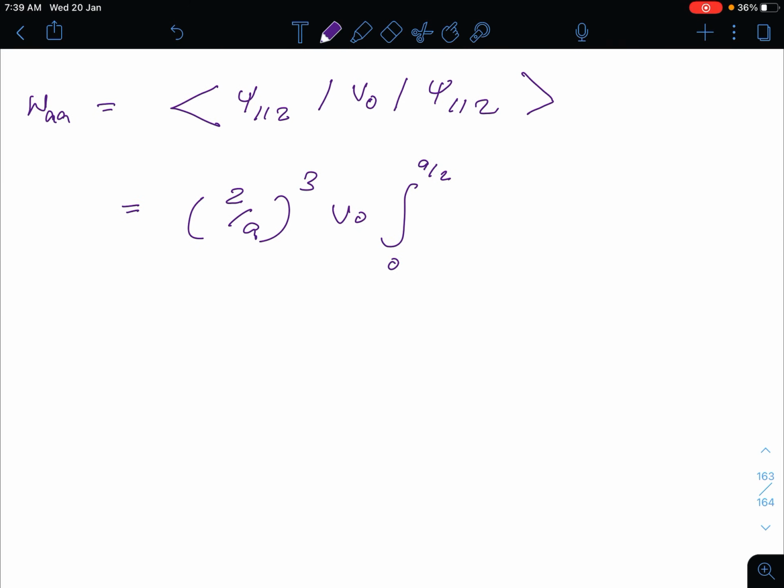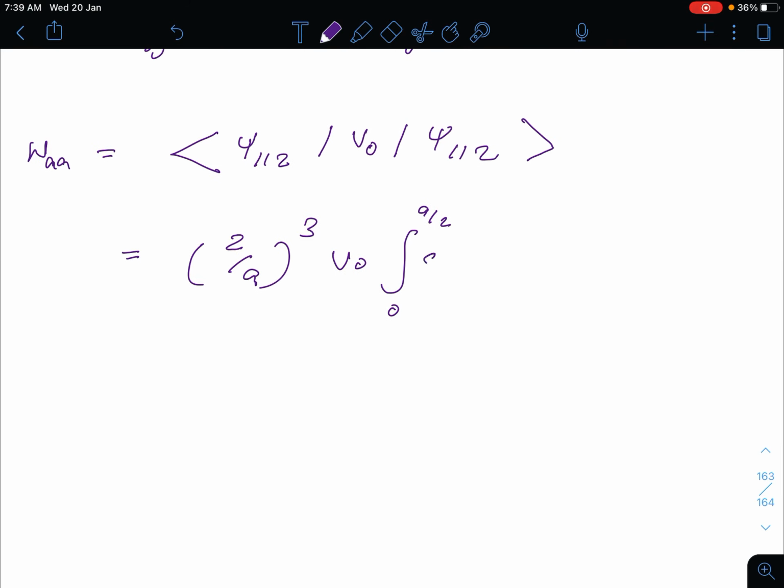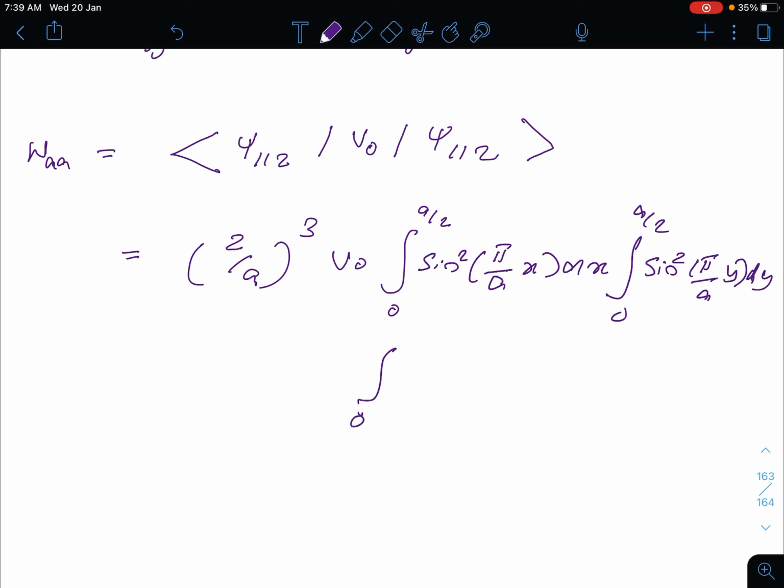That means sine square pi by a x dx integral 0 to a by 2, sine square pi by a y dy, integral 0 to a, sine square 2 pi by a z dz. This is what we have to integrate.